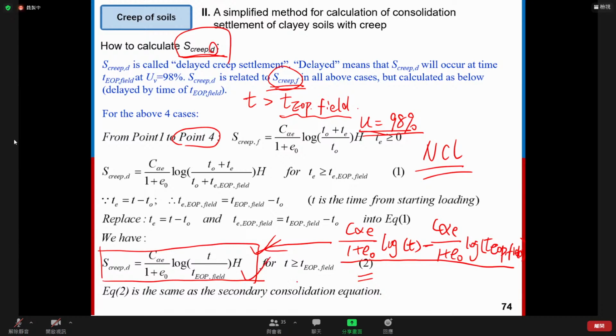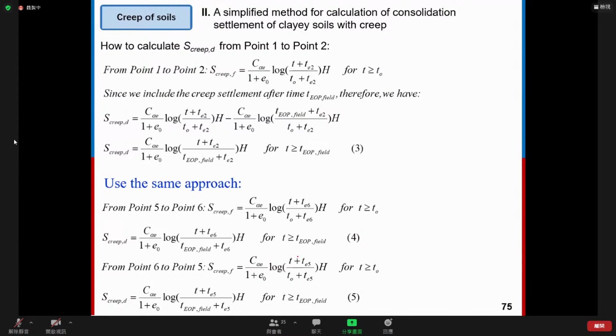Then we get this one. Very simple. And multiply the thickness, because the S-script delay is only one part after the T is larger than TEOP at field. So we get this equation 2.